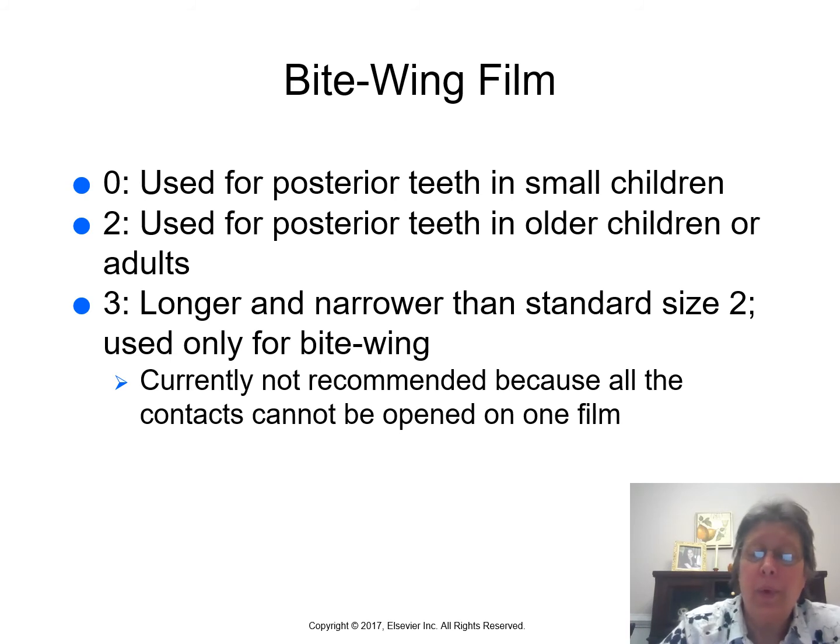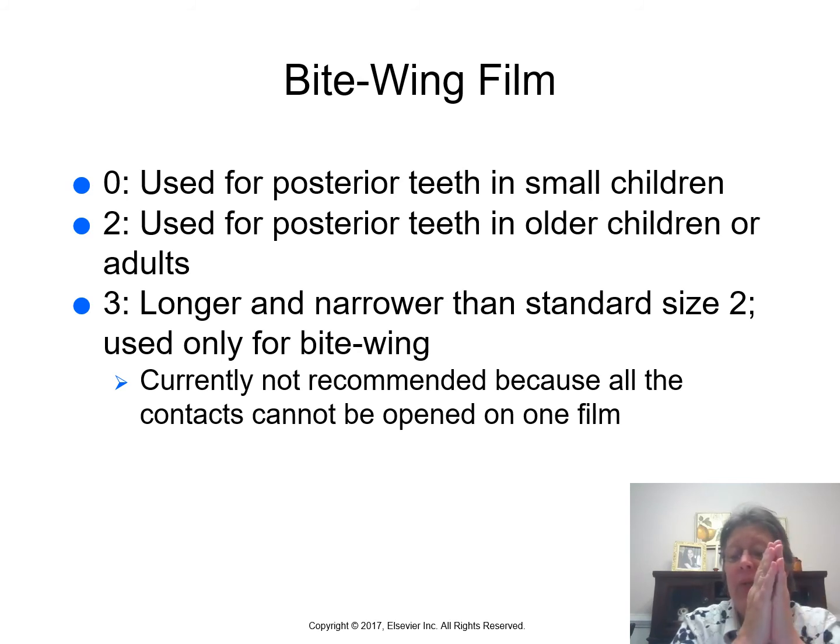Well, the number 3 film was invented so that you could put molars and premolars on one film. That way you would only have to take one x-ray on the patient's right side and one x-ray on the patient's left side. But what happens is, with that film being so long, you get a lot of overlapping of the contacts in those interproximal areas.